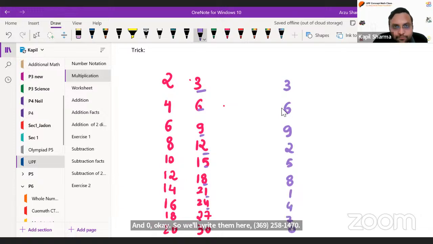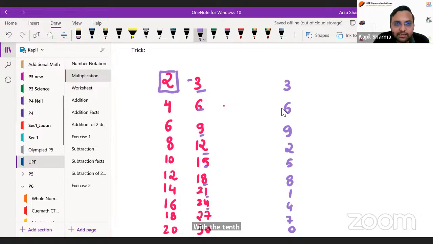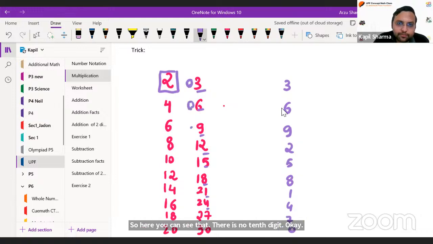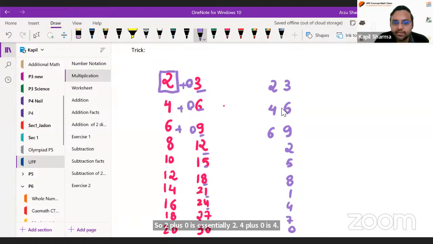And then we are going to add the multiples of 2 with the tens digit of multiples of 3. So here you can see that there is no tens digit, so you can consider this to be 0 here. So 2 plus 0 is essentially 2. 4 plus 0 is 4. 6 plus 0 is 6.